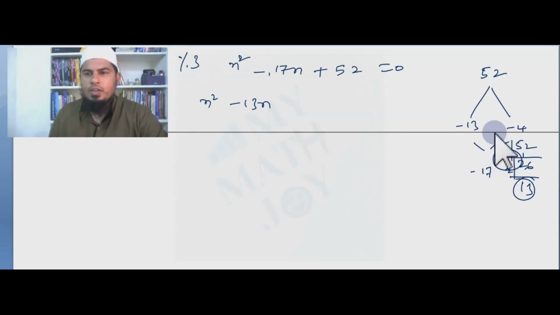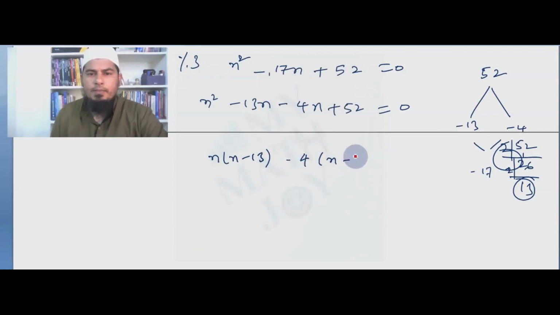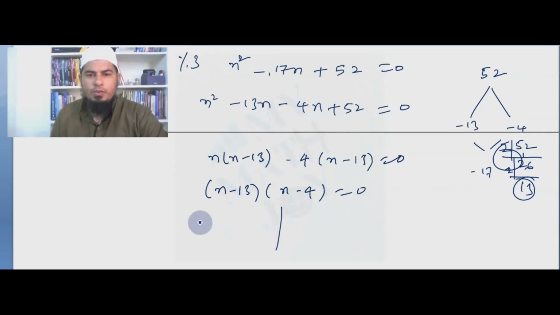Minus 17, you got it. n square minus 13n minus 4n plus 52 is equal to 0. n is taken common: n minus 13, and minus 4 times n minus 13 equals 0. n minus 13 and n minus 4 equals 0. n minus 13 is equal to 0, like this.